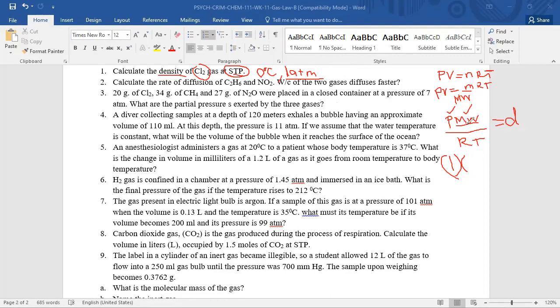So, PV times molecular weight. The molecular weight of chlorine is 35.45. There are two, so 2 times 35.45 is 70.90. Next, over RT. What is R? The value of R, we discussed earlier: 0.08201.